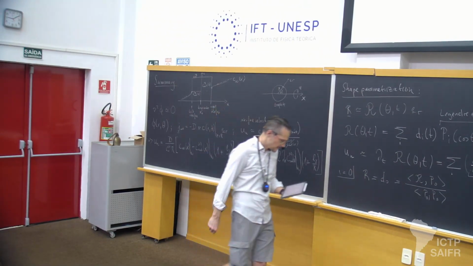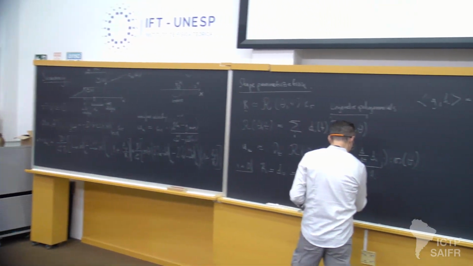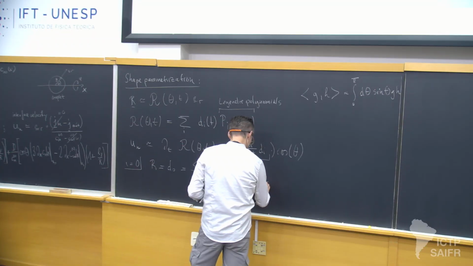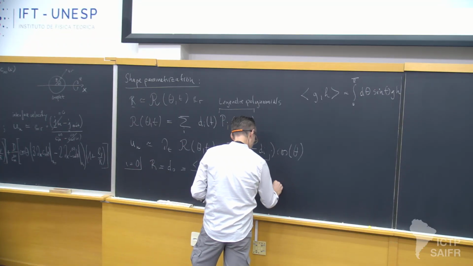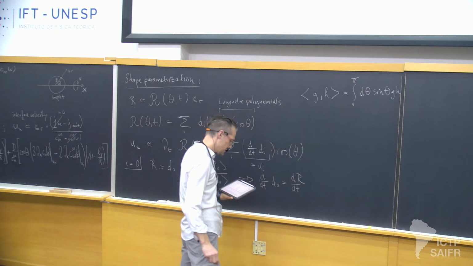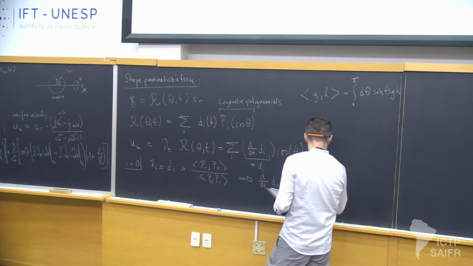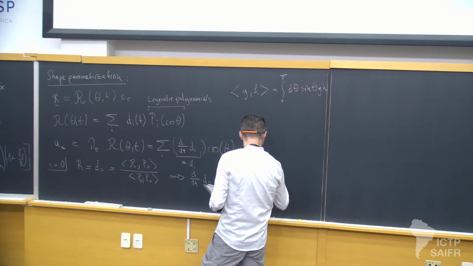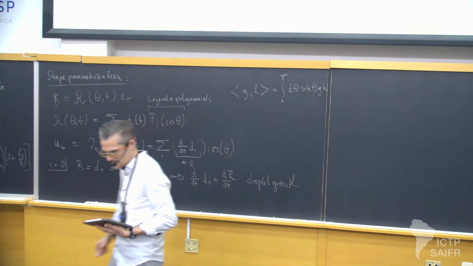And then I can simply also write the time derivative of this. The time derivative of d_0 is then the time derivative of R. And this gives you droplet growth.